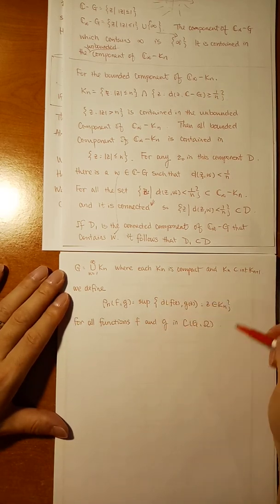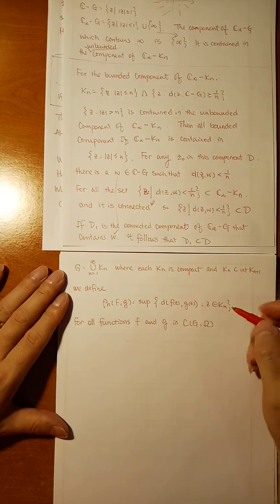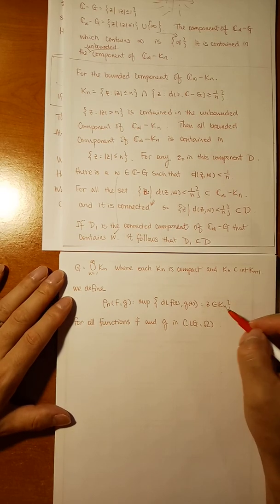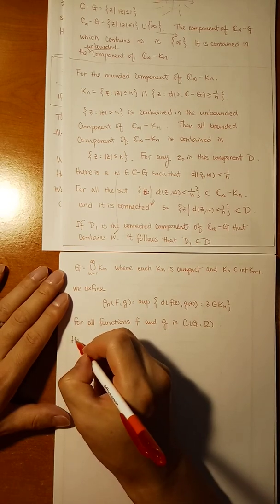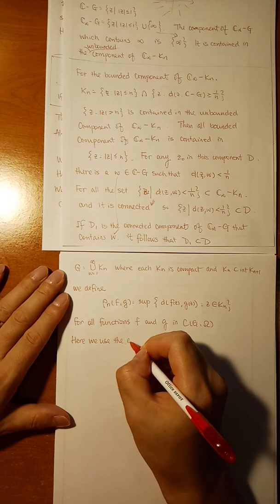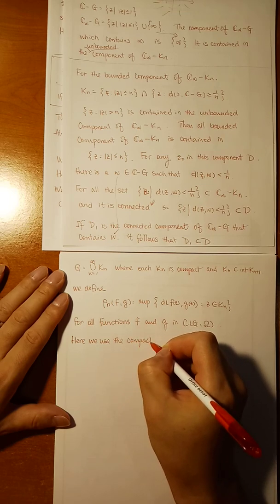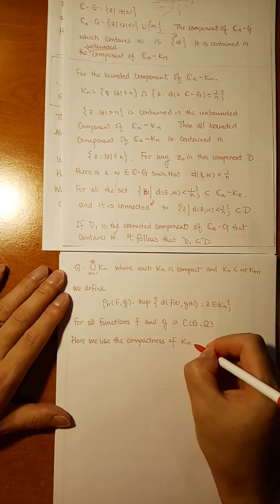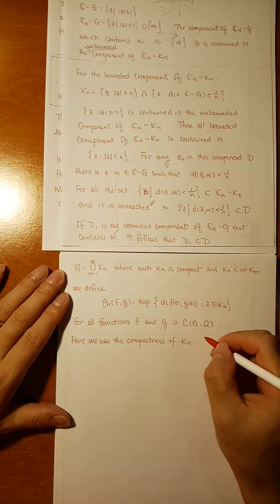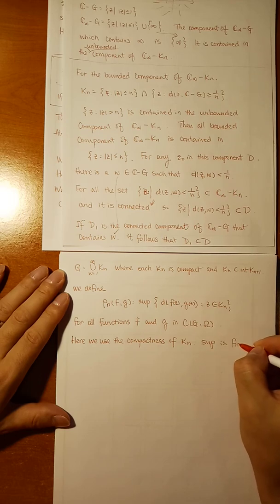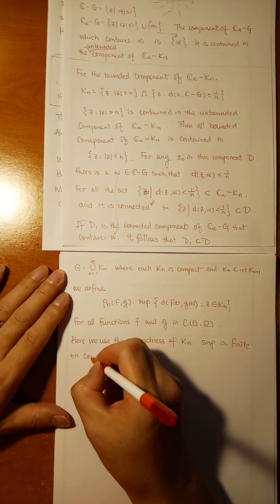Okay, so in this place, we do use the compactness of Kn, because the supremum is finite on compact sets.